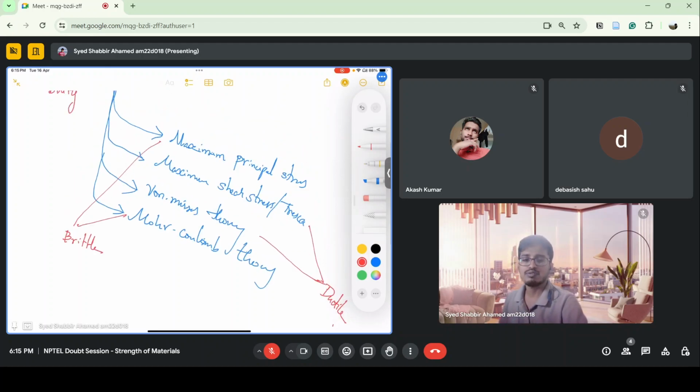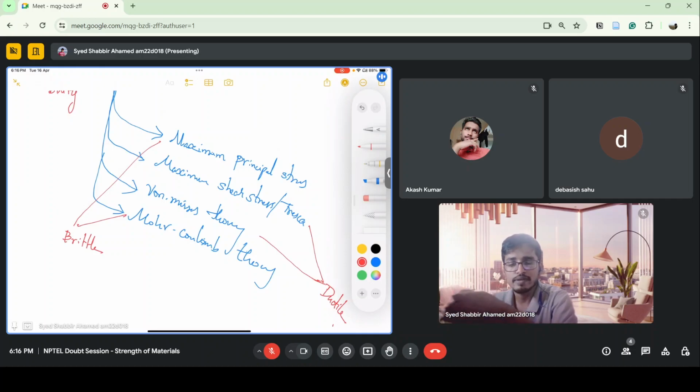So what are failure theories? These are things which you can use while designing any structure. When we design a structure, we don't have any experimental results, because we don't have the structure itself.